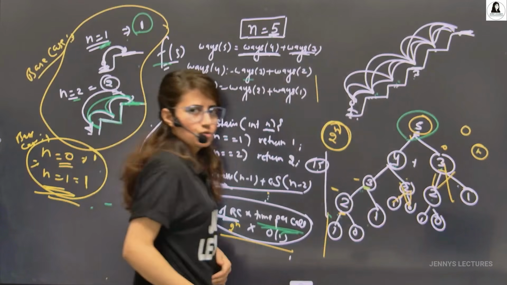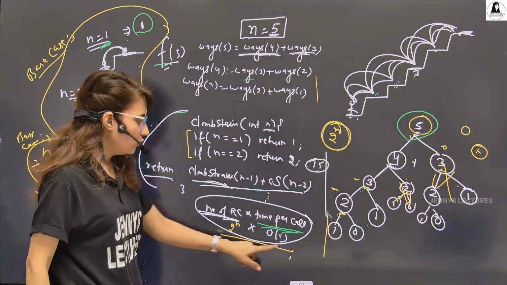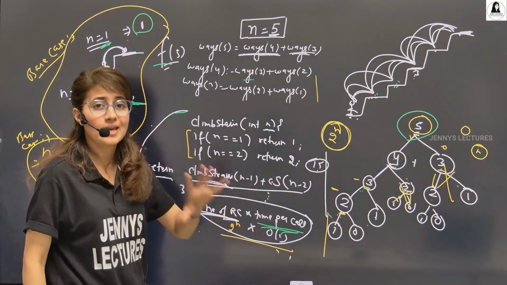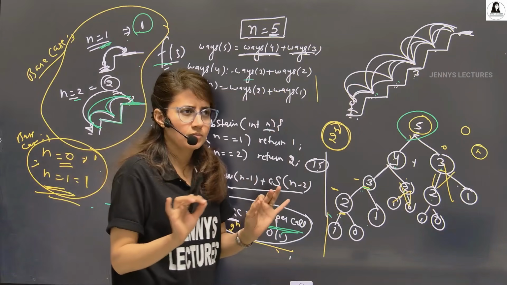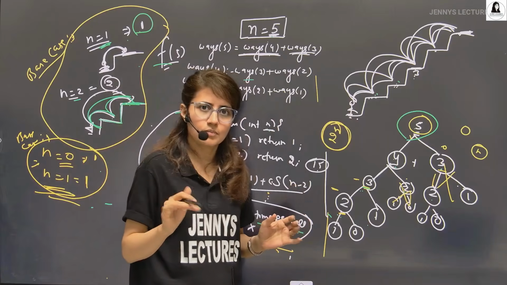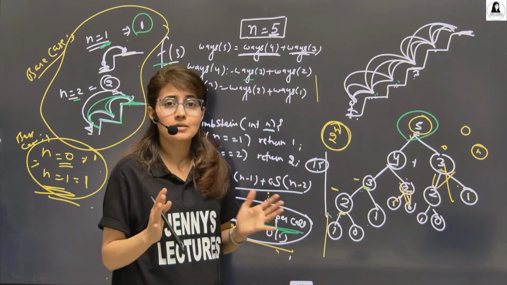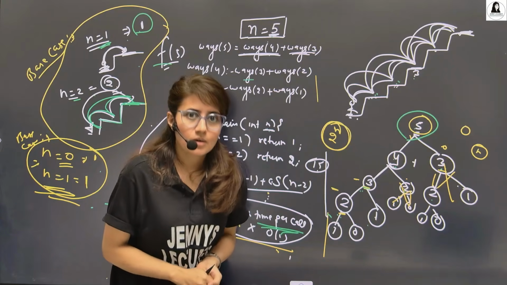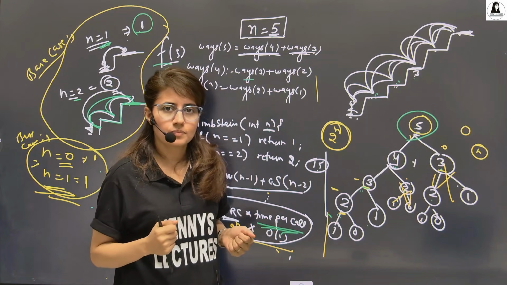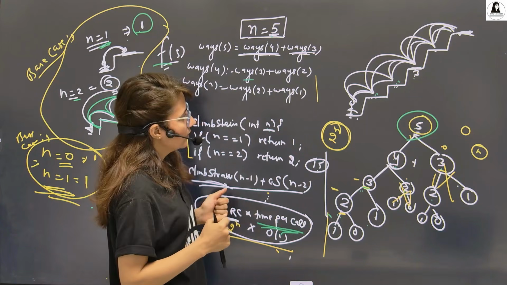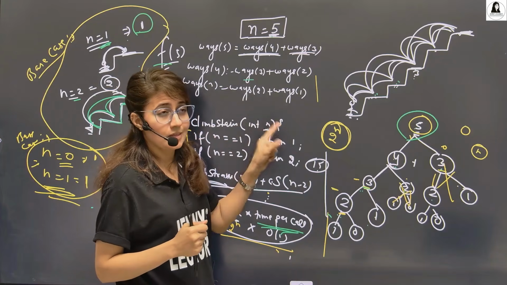So the time complexity will be n into order of 1, so that is order of n. Almost polynomial, maybe 2n or something like that, but when we ignore the constant, it will be order of n only. It will drastically decrease the number of recursive calls. Right? So that's a DP sign. Yes, it's a DP problem.